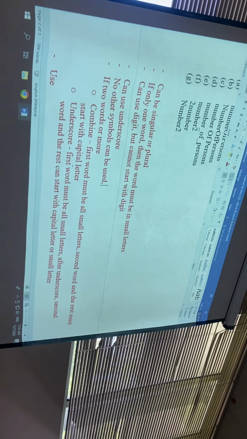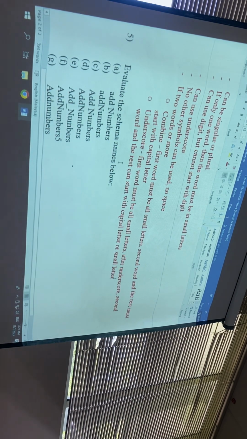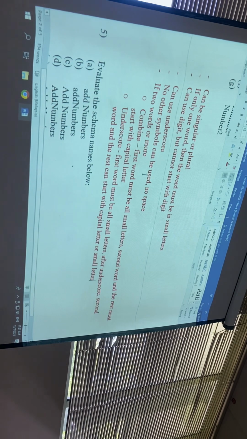And no space also. So that is the rule for identifier of variable.